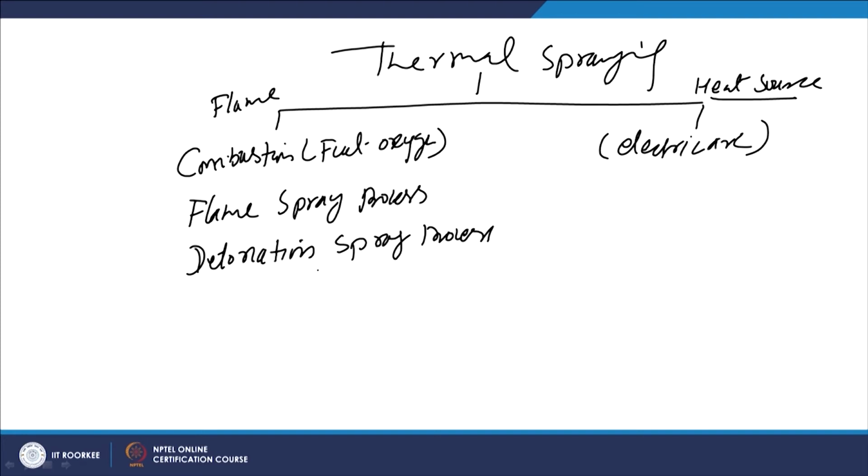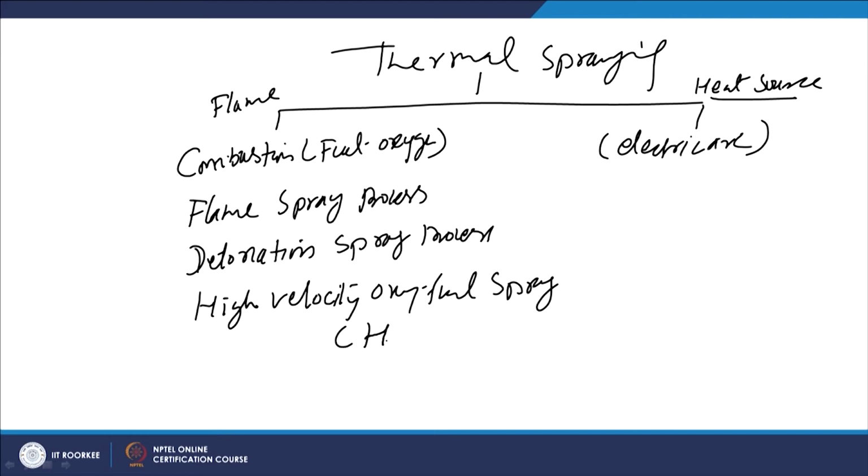And then there is one more combustion based process which is called high velocity oxy-fuel spray process. In short, it is known as HVOF process, and this is known as D gun process, and this is the flame spray process.